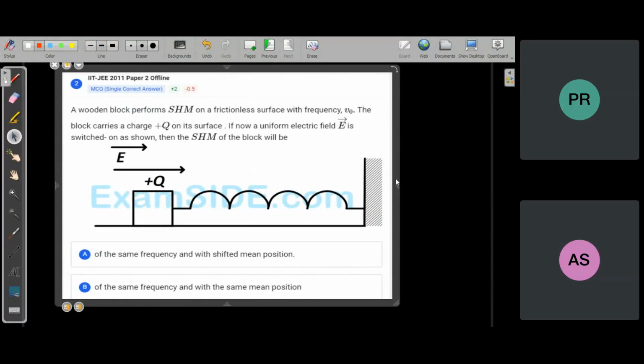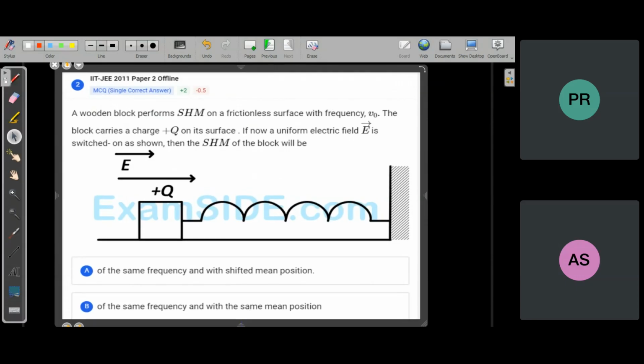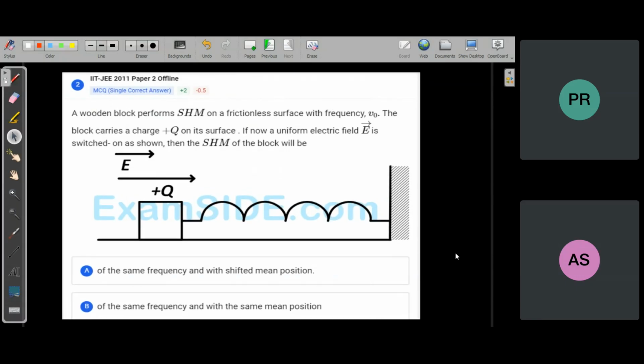No, electricity, I think. Sorry sir, I don't know electricity.